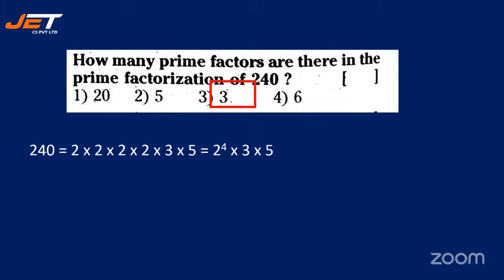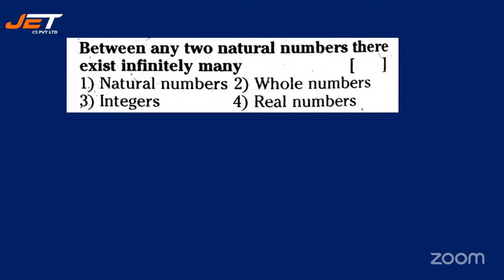All right. Between any two natural numbers, there exist infinitely many natural numbers, whole numbers, integers, real numbers. Yes, Satish is right.